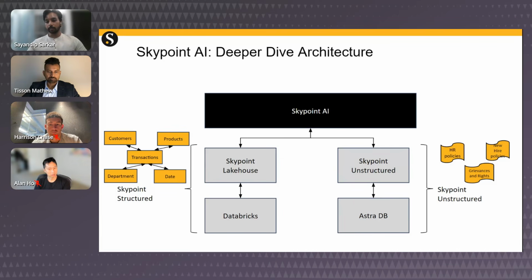And then you have unstructured, which is help desk tickets from something like a Zendesk or a Freshservice, documentation from a Confluence, HR documents, policies, procedures, people's identity records, that state regulations need from customers, right? So all of that is unstructured, and that is completely in Astra DB. And our lakehouse structured data sits in Databricks.